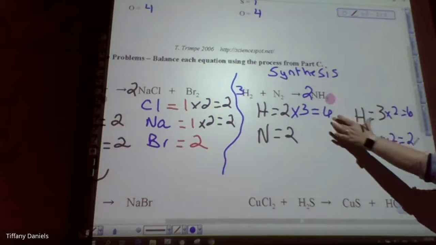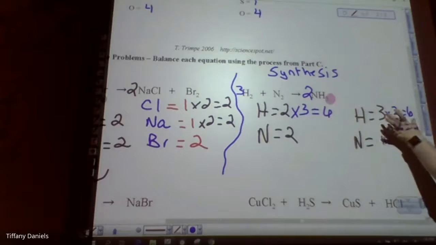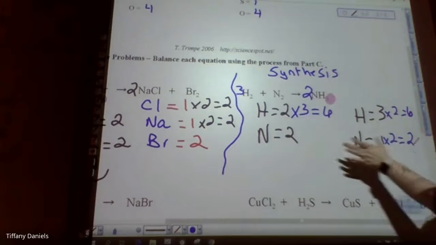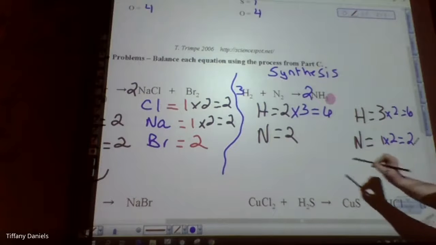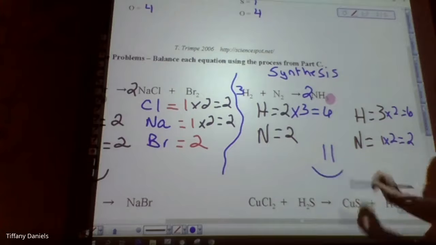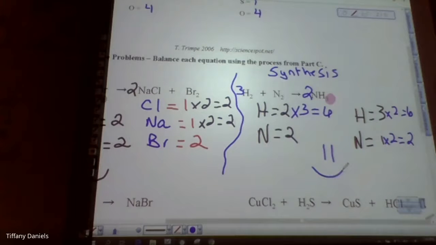So as you can see, my hydrogens are equal, and my nitrogens are equal. So that one balanced very pretty. I like this one, so I'm going to put a nice little smiley face there. I like the ones that don't give me too much trouble.